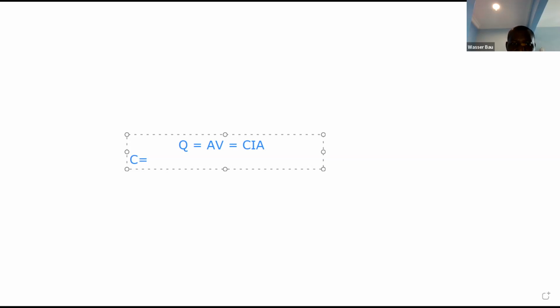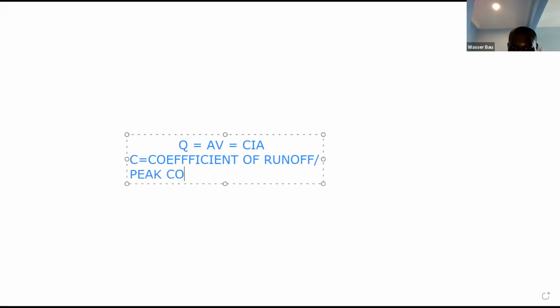That coefficient, we call it peak coefficient of runoff. For today's course, we'll call it coefficient of runoff. If you don't want to call it that, you call it peak coefficient, or simply runoff coefficient. I mean, that's what it means.